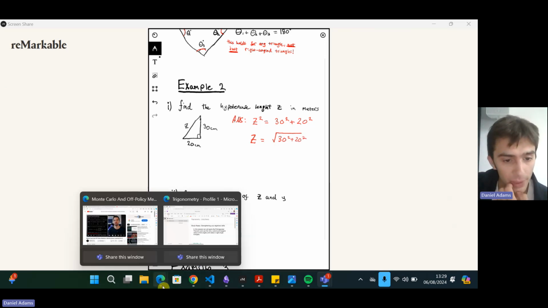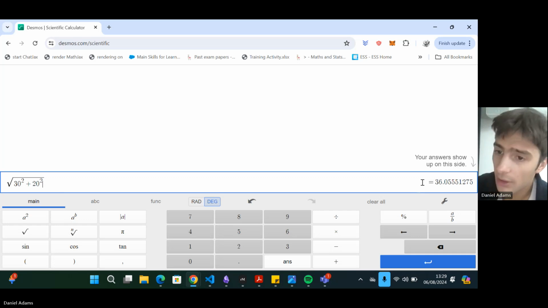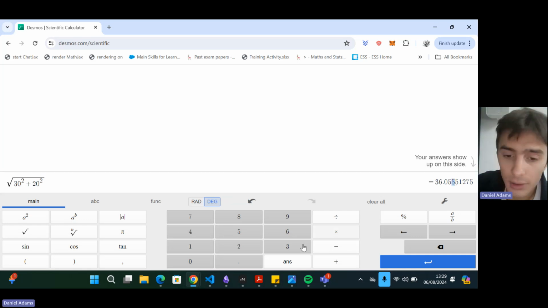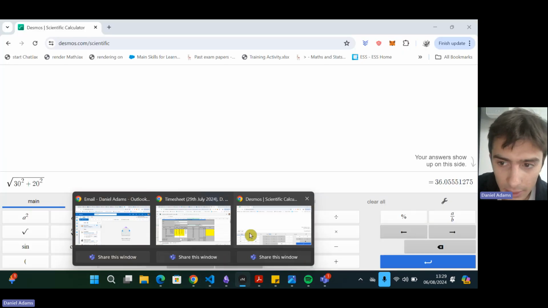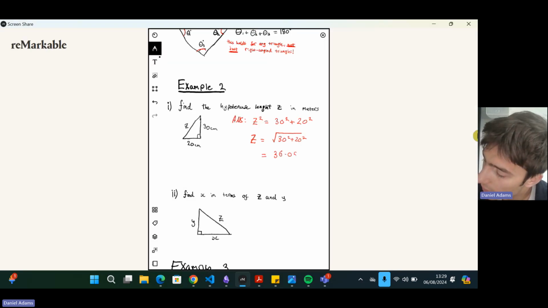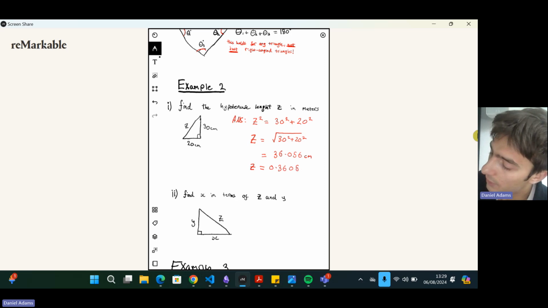If I put that into a calculator, which I have done here already, you get 36.056, rounded. And this is in centimeters. So to go from centimeters to meters, you divide by 100. You get Z equals 0.36056 meters. That's your final answer.